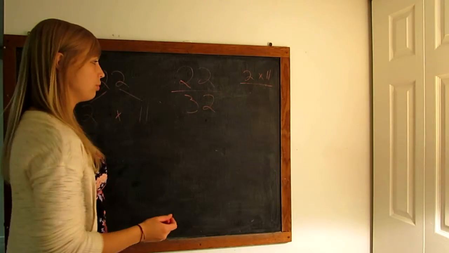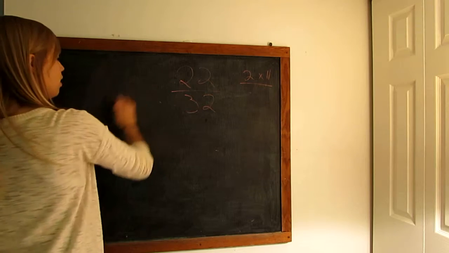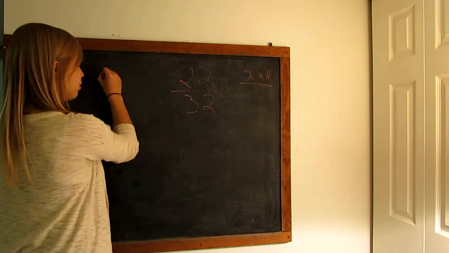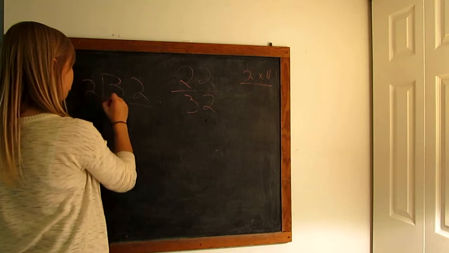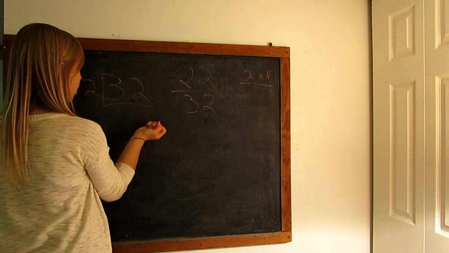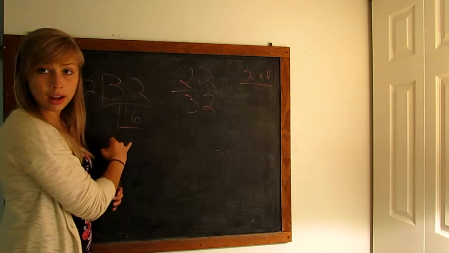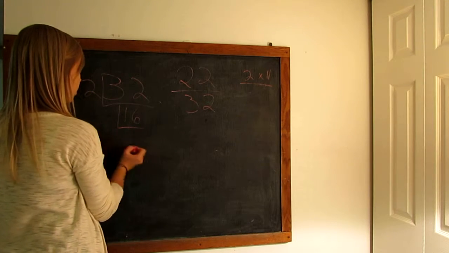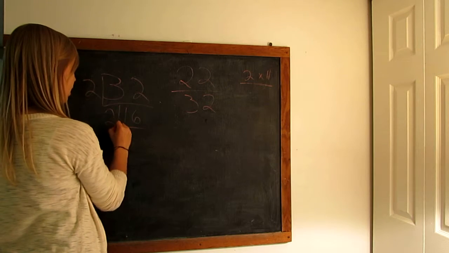So 32, let's use the division method for prime factoring. 32, divide that by 2, and we'll get 16. 16 is not a prime number, so we can continue to factor that. So let's divide that by 2 again.